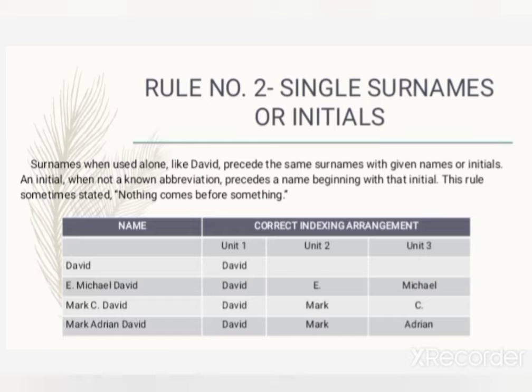For example, David. But if it is stated in the name E. Michael David, the surname should always be ahead, followed by the E and his name Michael.